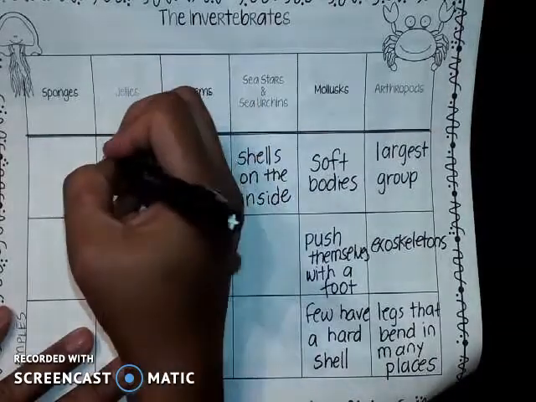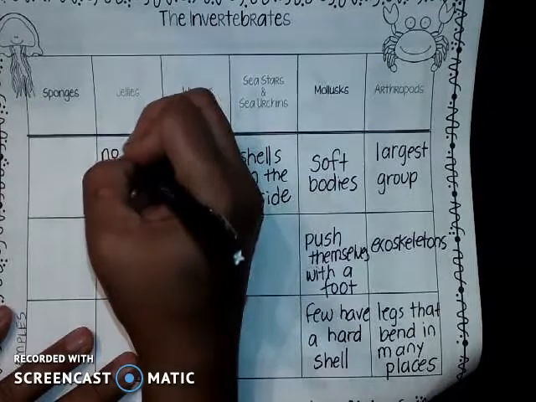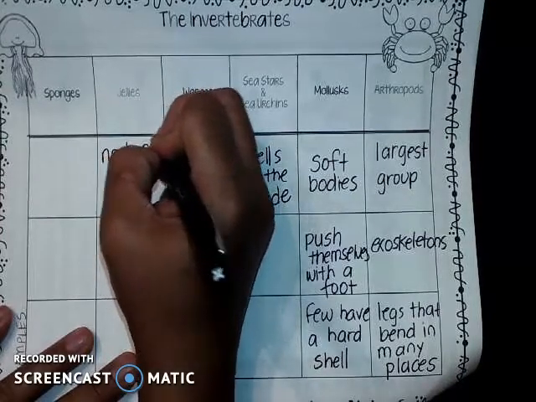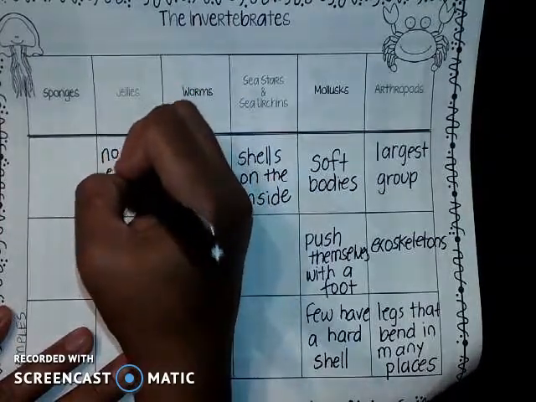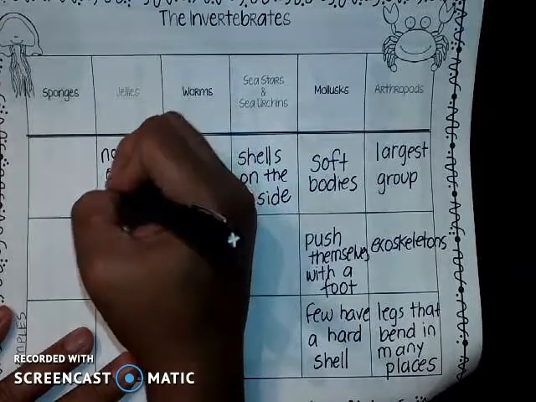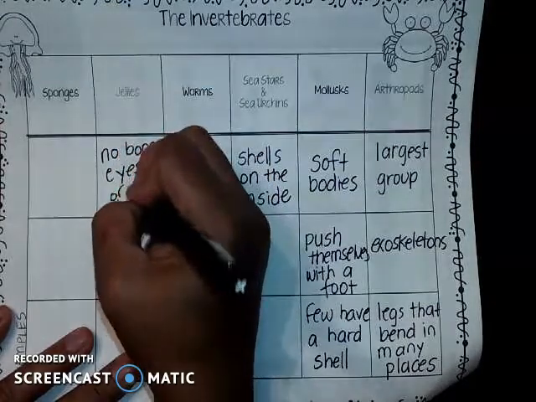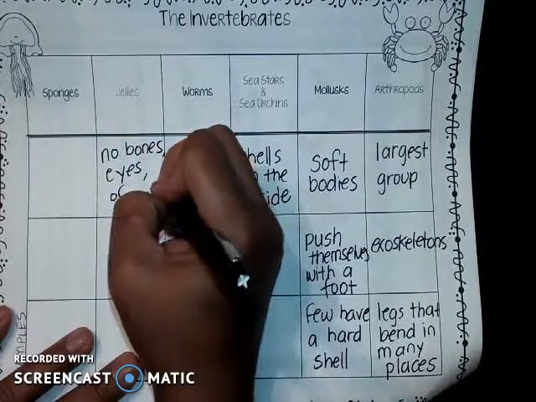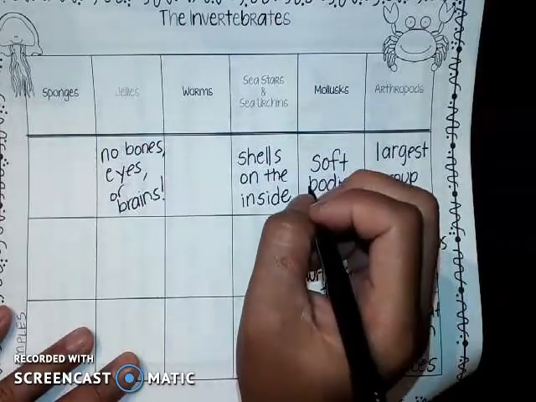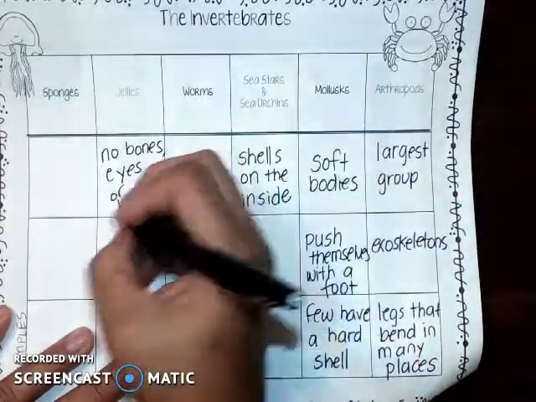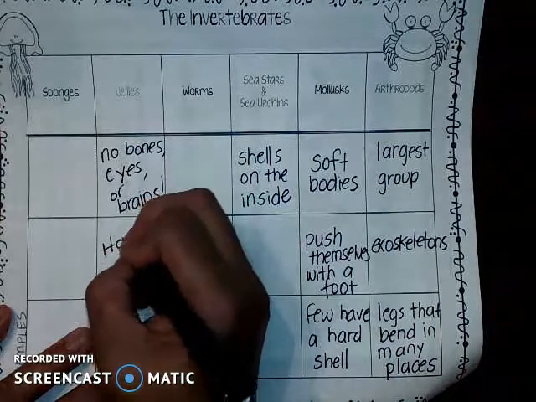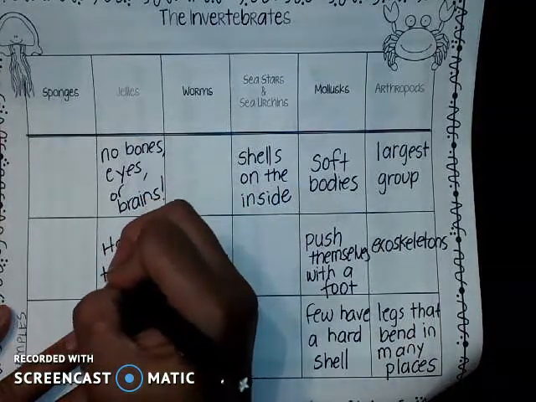Yes, right? No bones, eyes, or brains. Pretty outstanding, right? They do have tentacles.